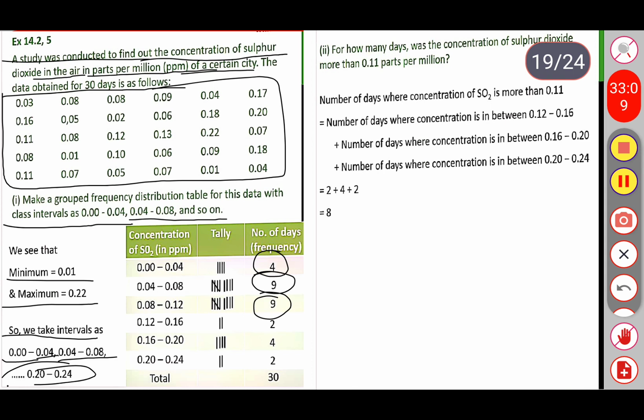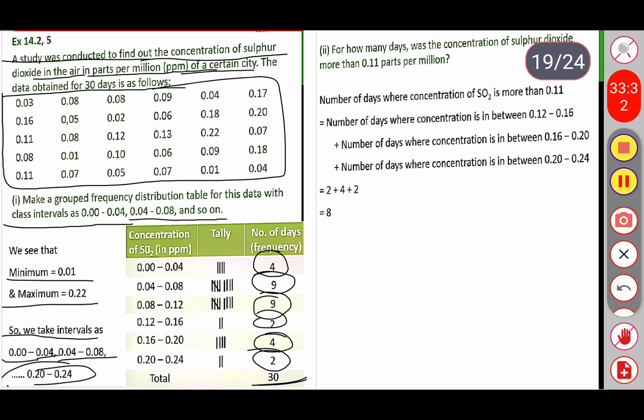And the next ones are 2 days, 4 days and 2 days. These data belong to 0.12 to 0.16, 0.16 to 0.20 and 0.20 to 0.24 respectively. So once we add all these numbers of days, it should be equal to 30.